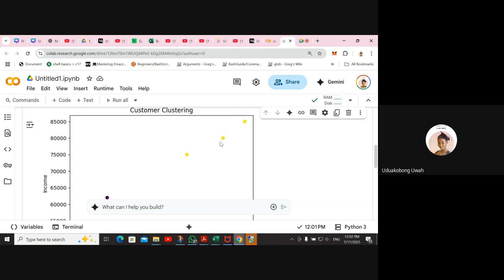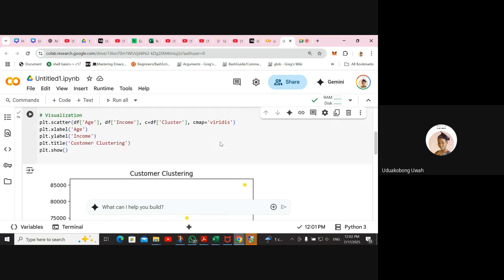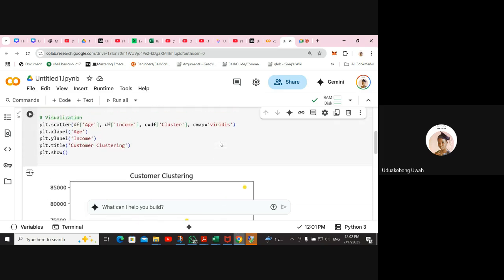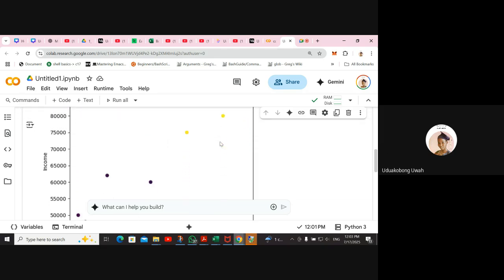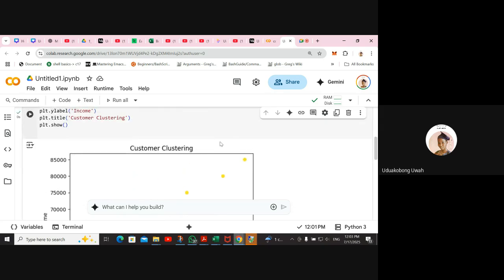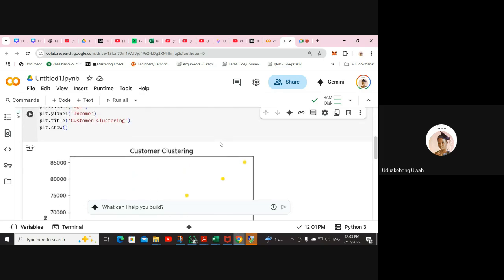Okay, so with that, you've seen how unsupervised learning works using clustering. We've experimented with k-means, a method used in clustering, and then we visualized the clusters using matplotlib to see how it works.